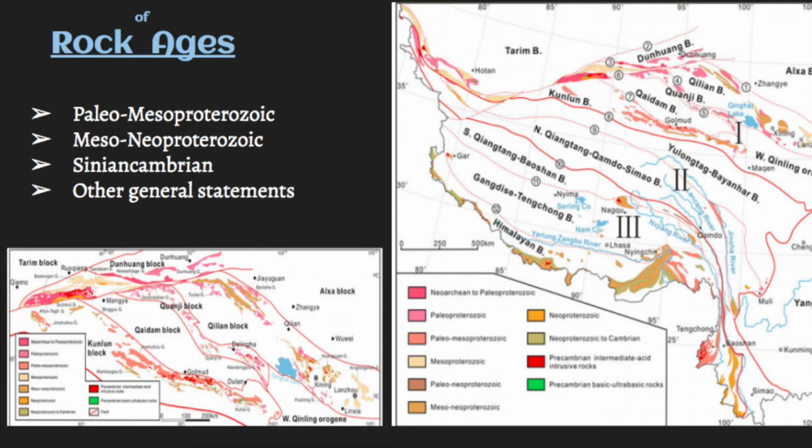Due to the lack of geochronology, paleontology, and other forms of data, many of the geology units found here do not have accurate ages, but they were often labeled Paleo to Mesoproterozoic, Meso to Neoproterozoic, Sinian Cambrian, and other general guesses. The data found is also confused with different opinions on formation age, tectonic characteristic, and other aspects.